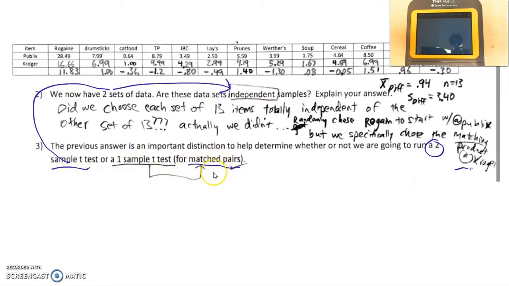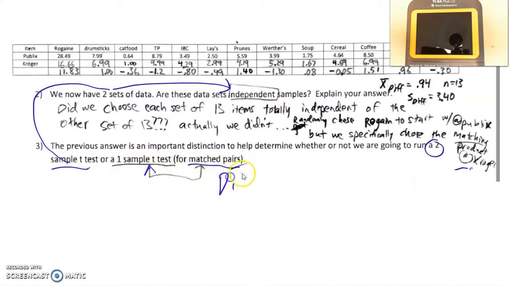I know it's 2 samples, but they're specifically matched up. They are dependent on each other: if you chose that product at Kroger, you got to choose that same product at Publix. And so that turned it into a matched pair, and it's no longer a 2-sample t-test, but a 1-sample t-test looking at the difference.